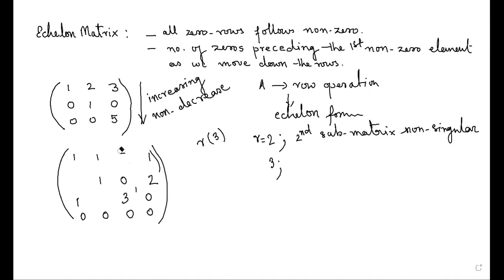Is every square submatrix of order 3 singular over here? Can you tell me? No, ma'am, we are not getting that, because here again some submatrices of order 3 are non-singular. So it is not possible.